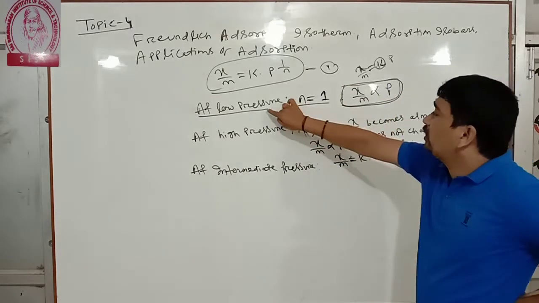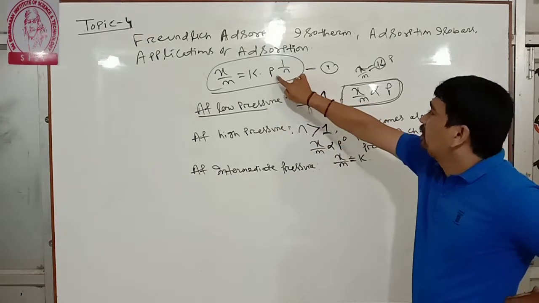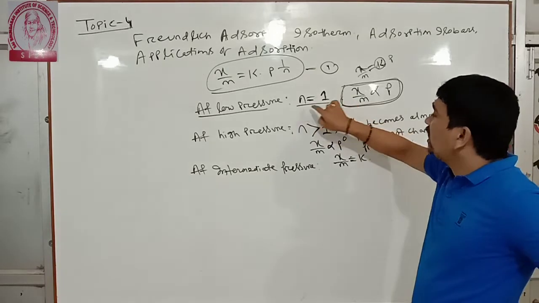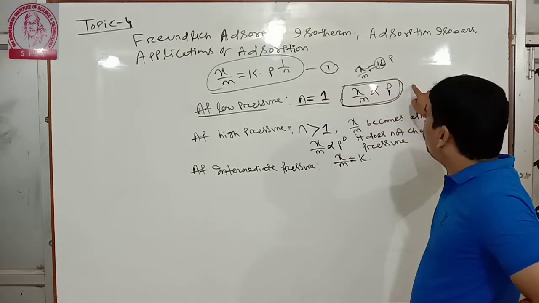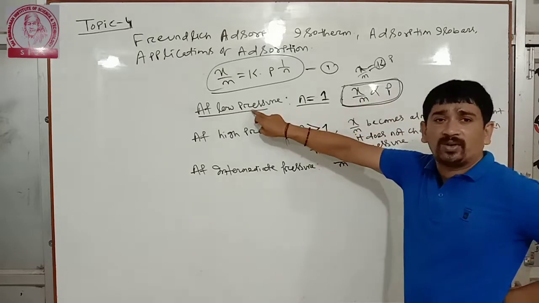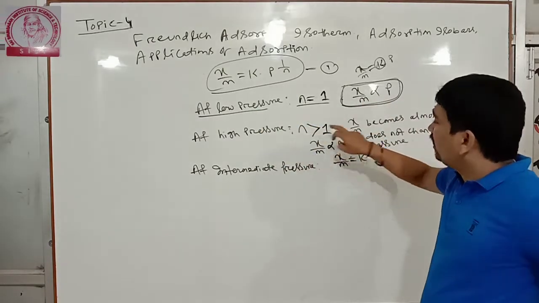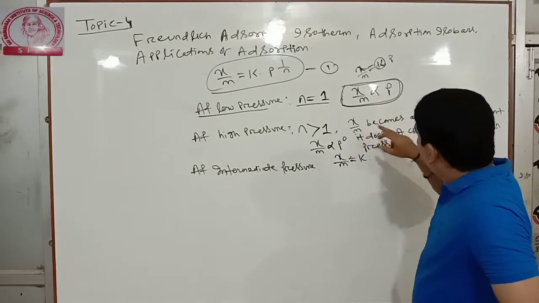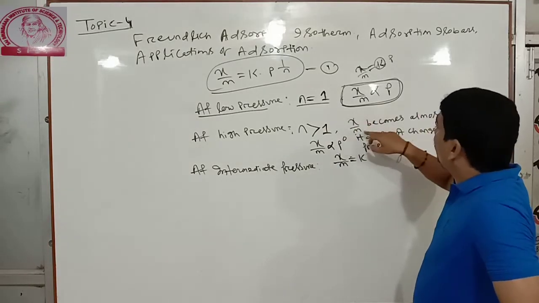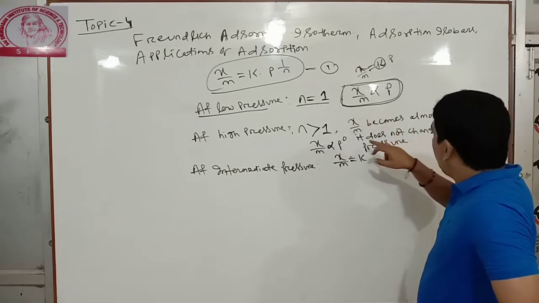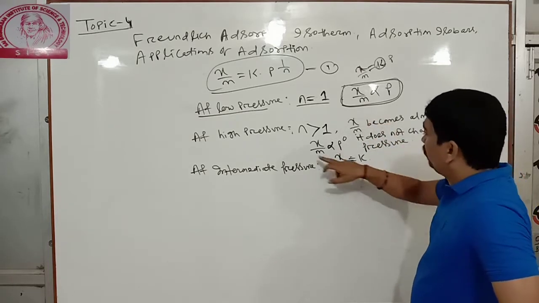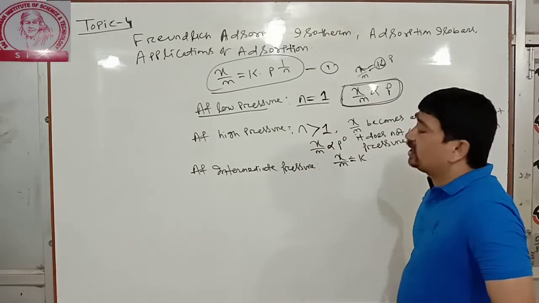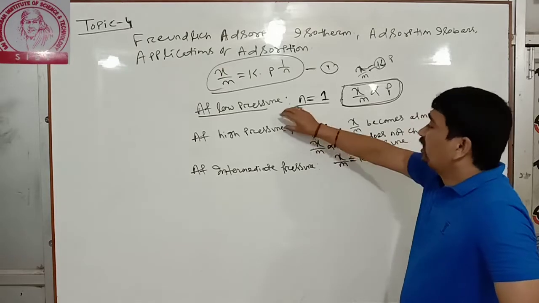At high pressure, n greater than 1, the value of x/m becomes almost constant and does not change with change in pressure, so x/m is proportional to p to the power 0, or x/m equals k. So this is high pressure.